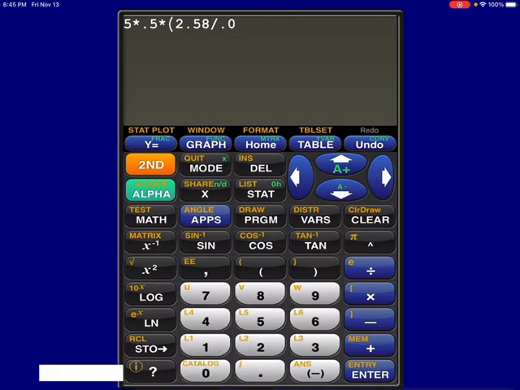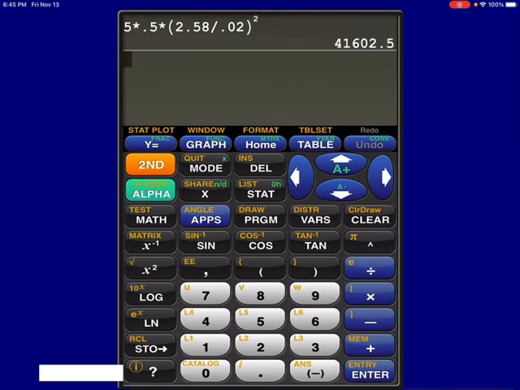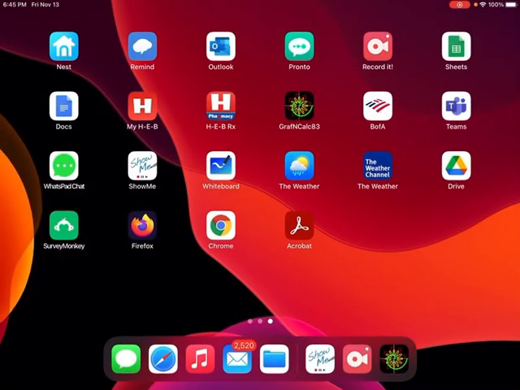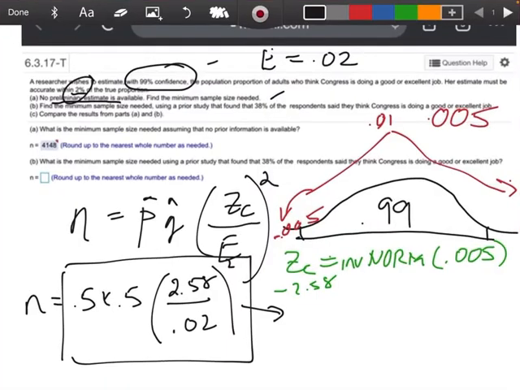Divided by 0.02, close it off, square it, and hit enter, and I'm coming up with 41,602.5. In these cases, we should always be rounding up. So I'm going to take 41,603.